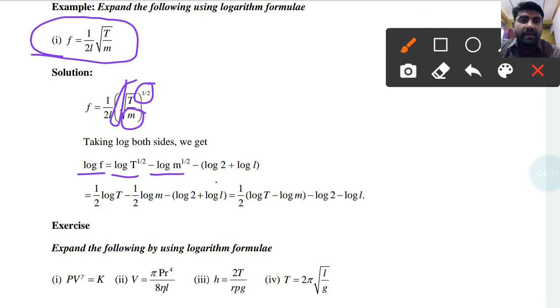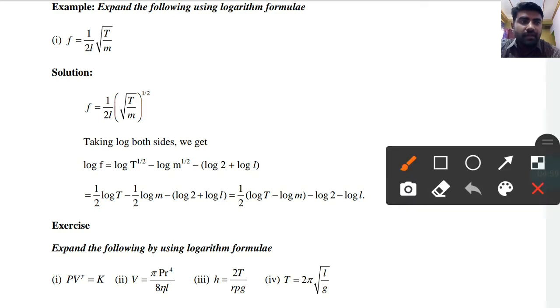Minus, one term is left and that is L. So minus log 2 because 2 is a constant, plus log L. Why plus? Because 2 and L are both in multiplication, so summation will be there. And 2 and L are in the denominator, so that's why subtraction here.